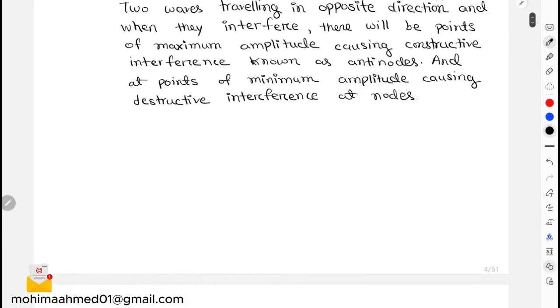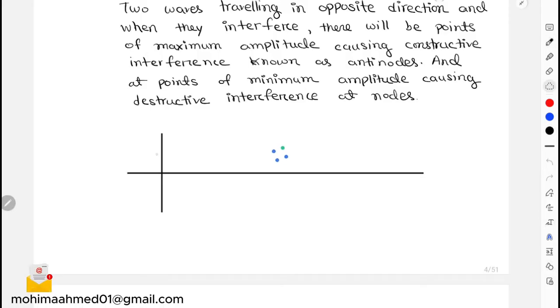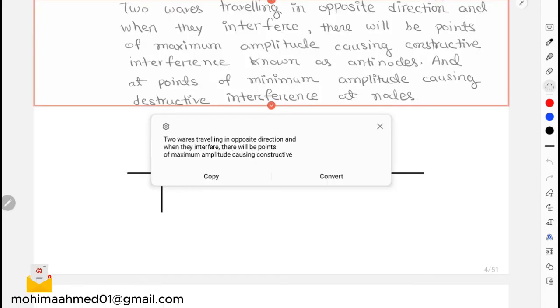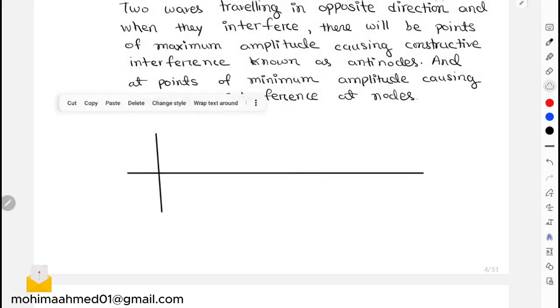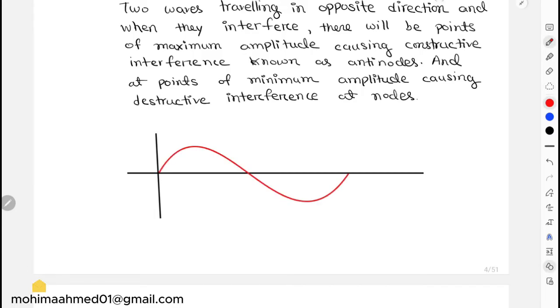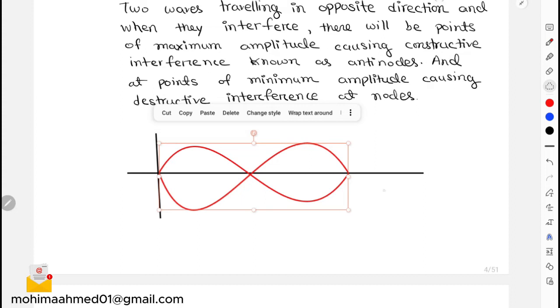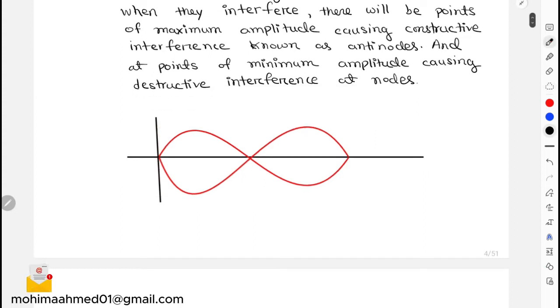Again, I should refer to one diagram. This is an extra, not related to this question. I'm just explaining this for a clearer knowledge about nodes and antinodes. Okay, now this is how a standing wave would look, right?